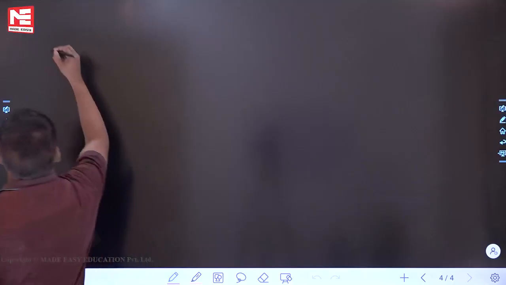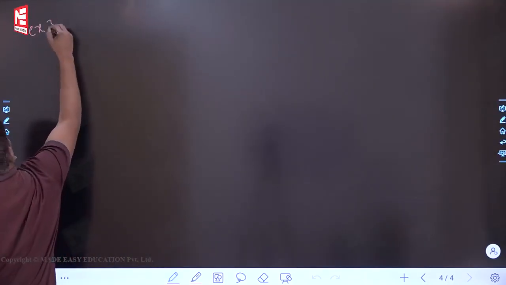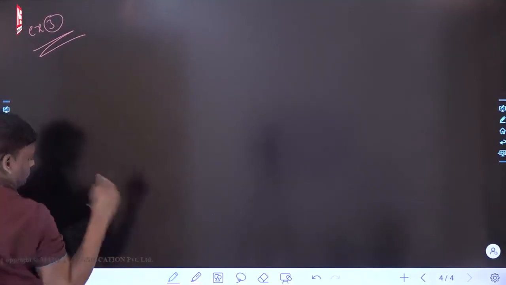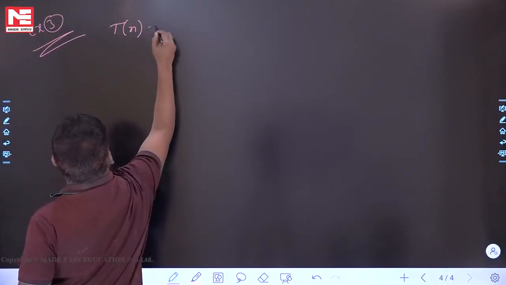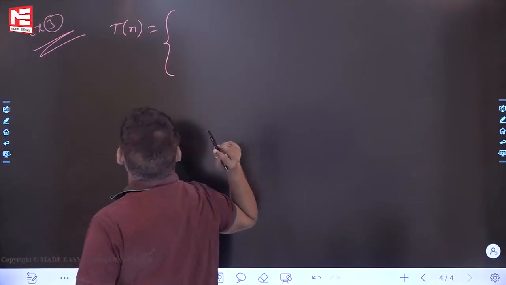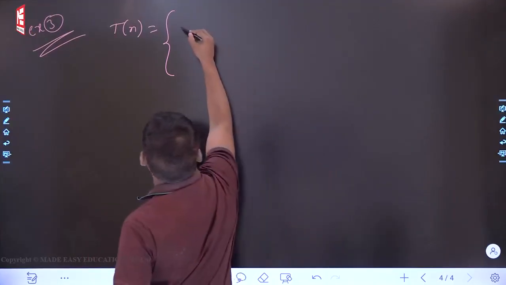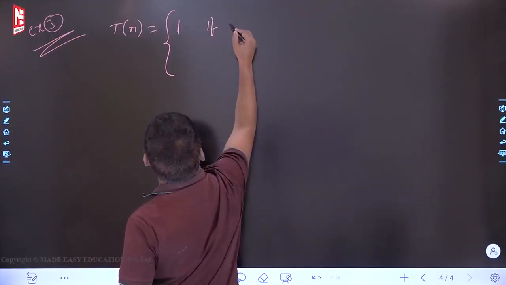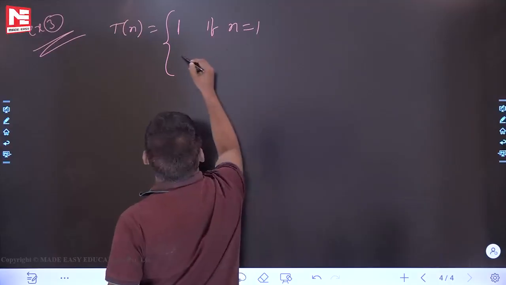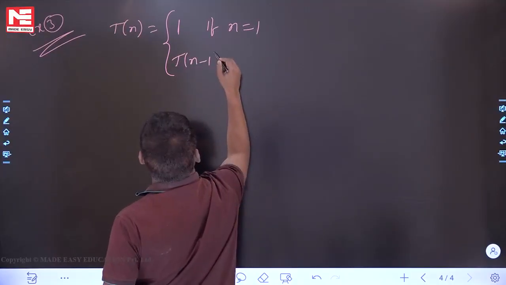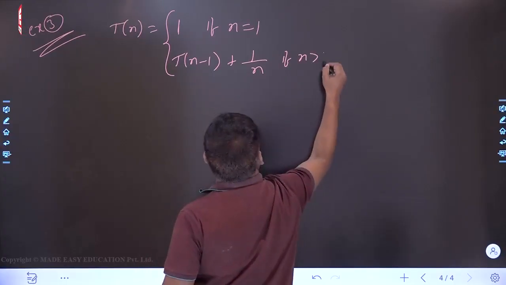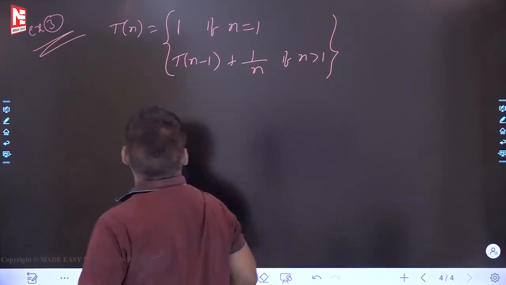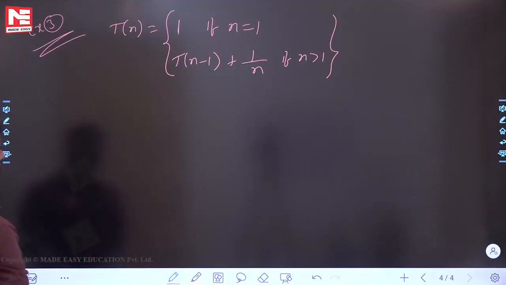See the next problem, Example 3. Tn is equal to 1 if n is equal to 1.